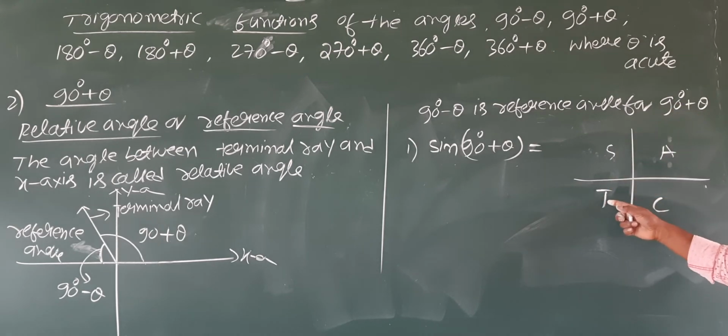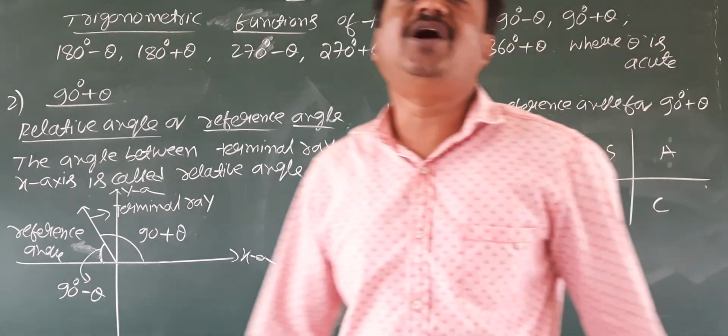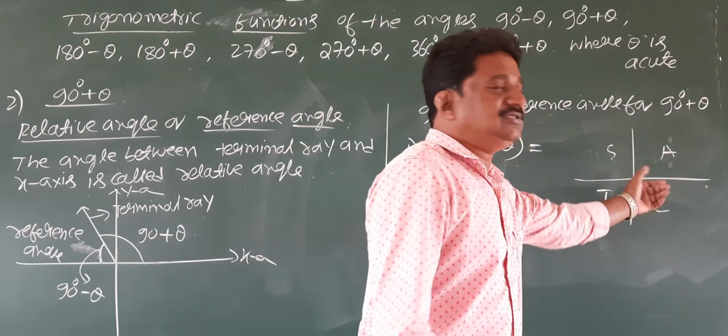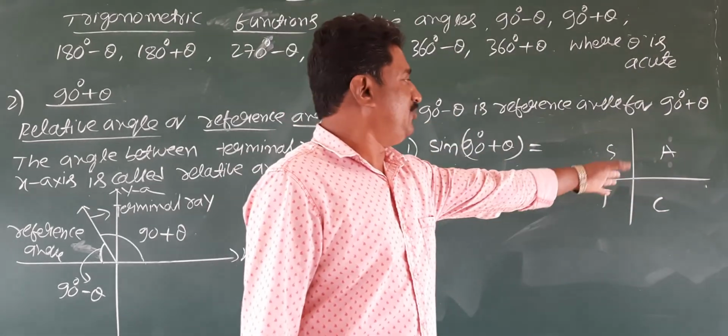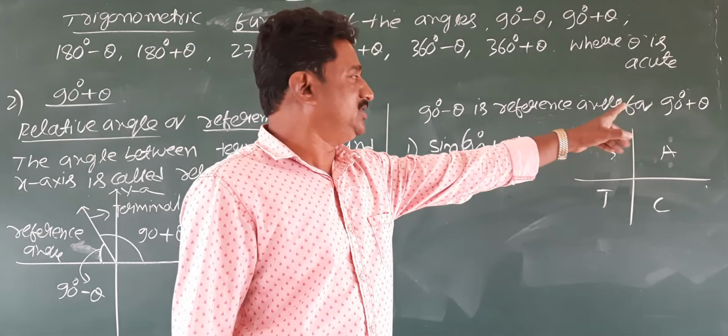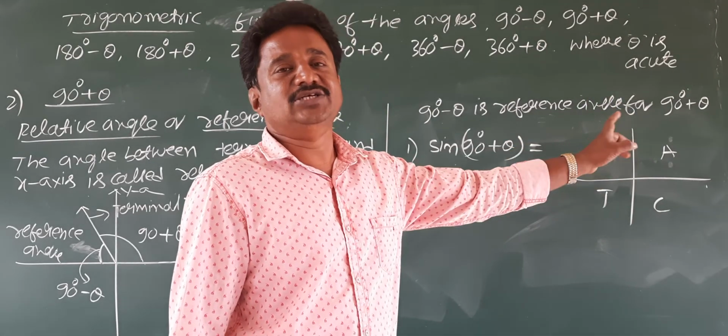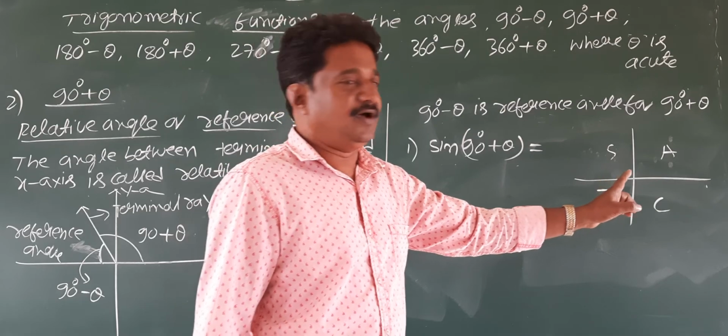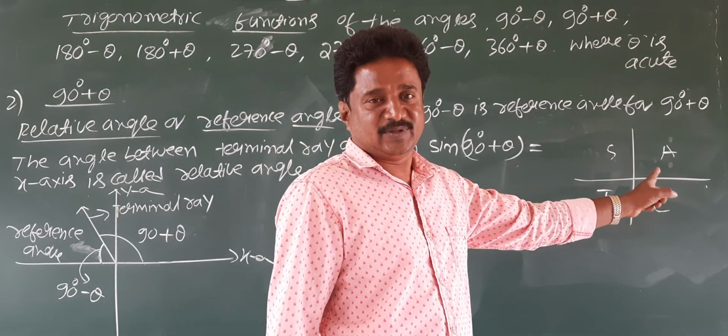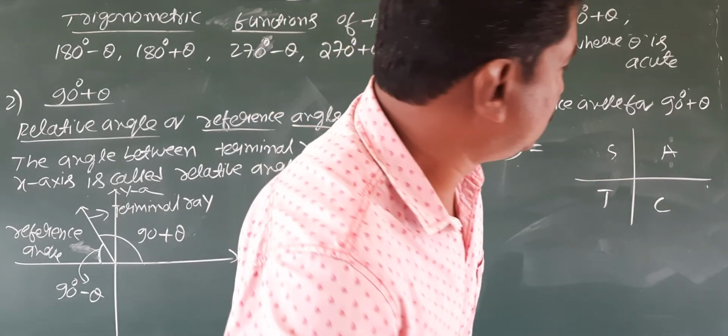In the third quadrant, tan and its reciprocal cot are positive, other functions are negative. In the fourth quadrant, C means cos and secant are positive, other functions are negative. That is ASTC.